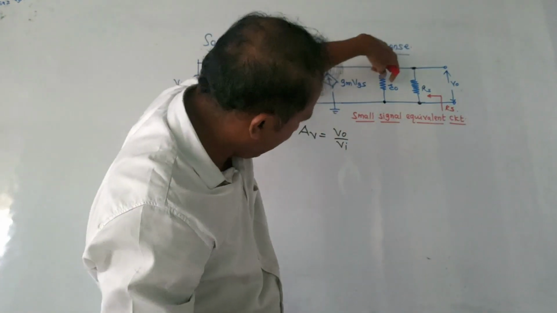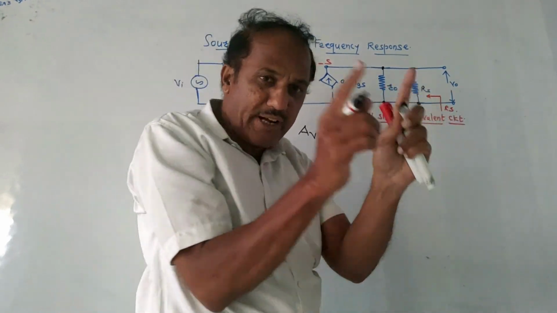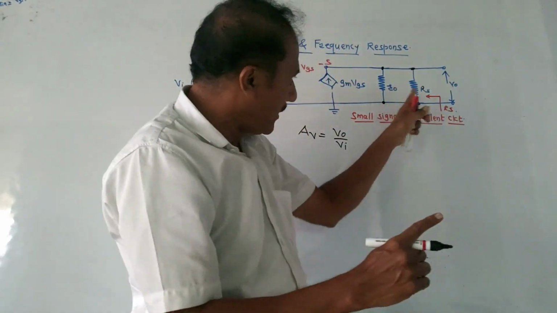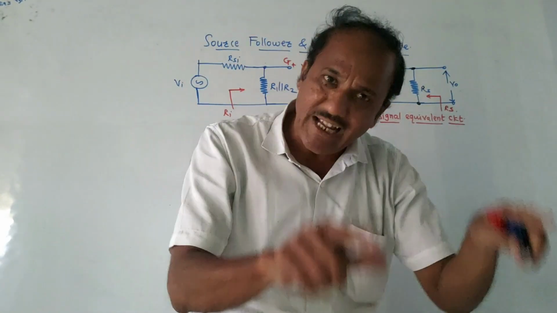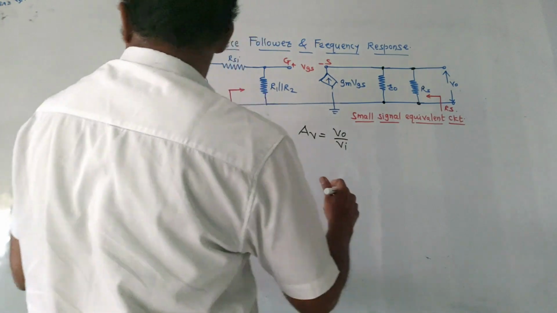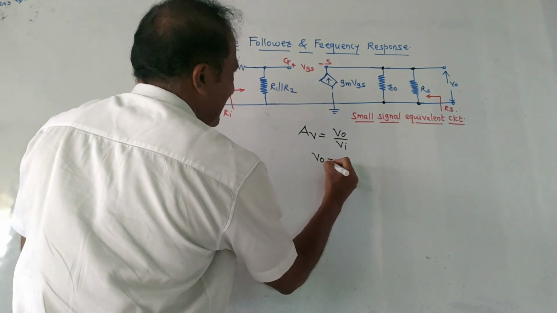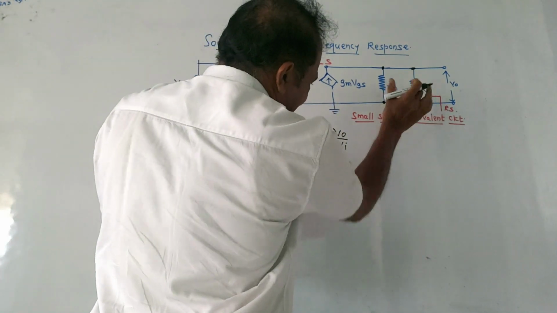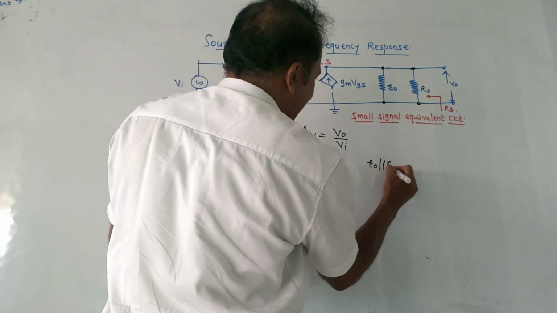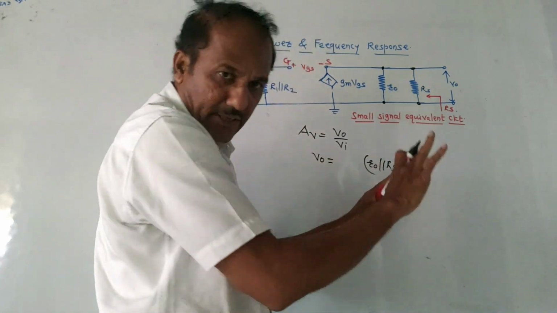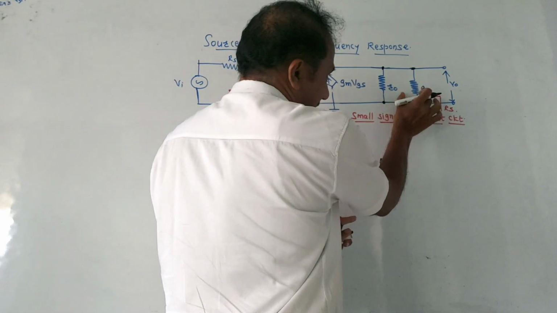So first we have to take the parallel combination of r0 and RS. Then we will get one resistor after taking the parallel combination, and the voltage drop across that resistor will be V0. So the value will be R0 parallel RS. We simplify it and we will have only one resistance after taking this in parallel.